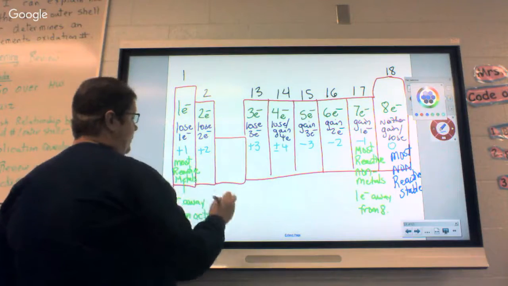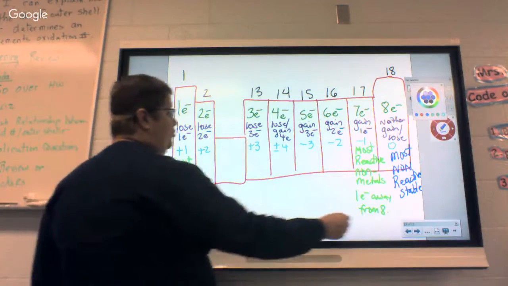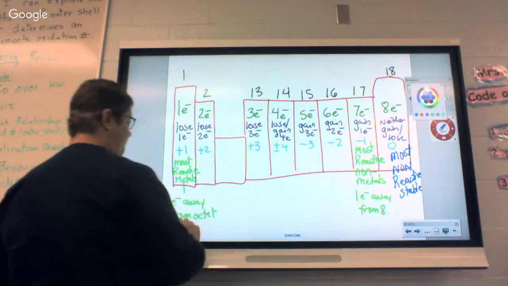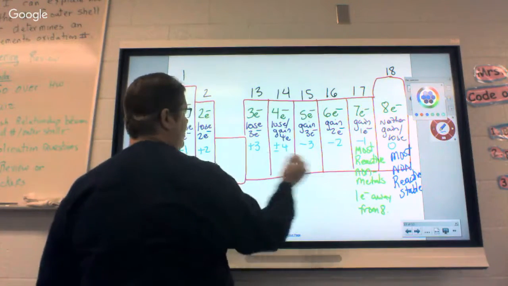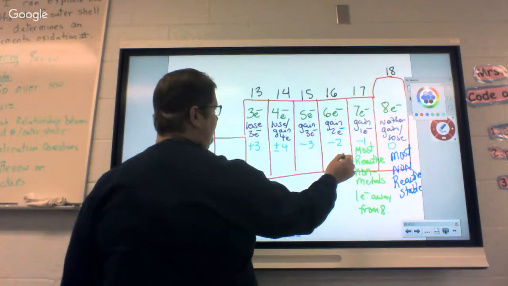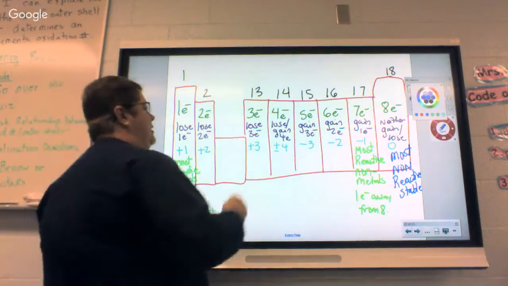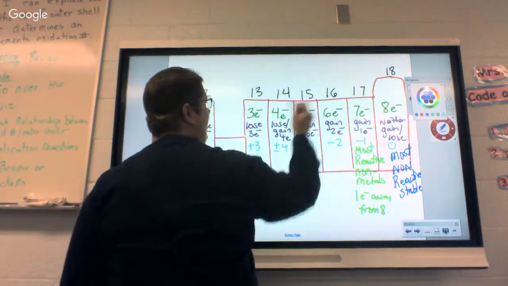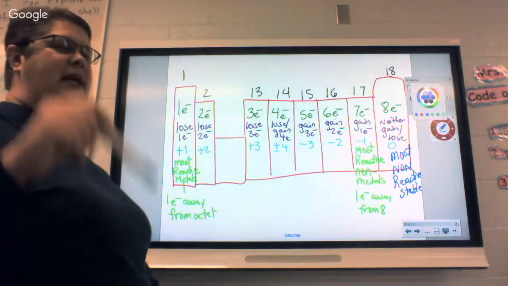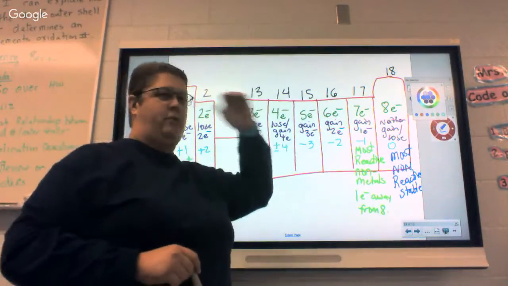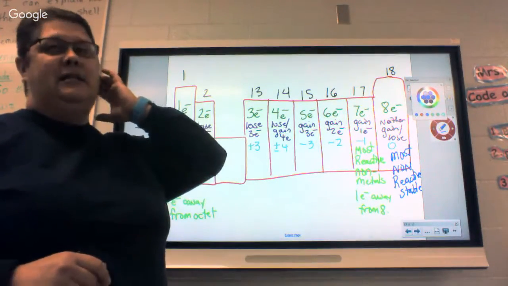Now, if these are the most reactive, where are the next most reactive going to fall? 2 and 16. Now, remember, that's a common mistake. You see how Queen said 2 and 6? When I talk about group numbers on the test, am I going to say 2 and 6, or am I going to say 16? 16.